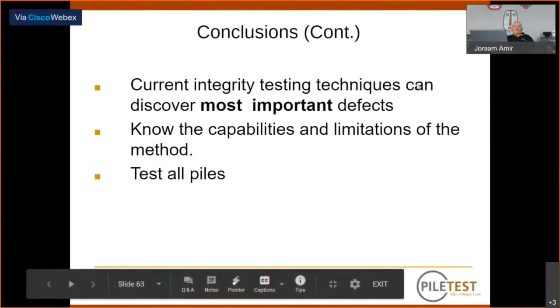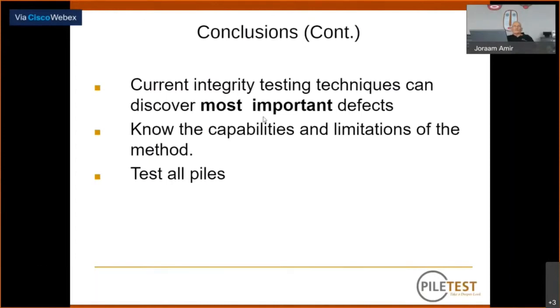Current integrity testing techniques can discover most important defects. Unimportant defects, if they are not discovered, do not interest us too much. And I must admit, most. Sometimes there are defects that cannot be discovered because they are too deep in the ground, or because our most modern equipment is not capable enough.